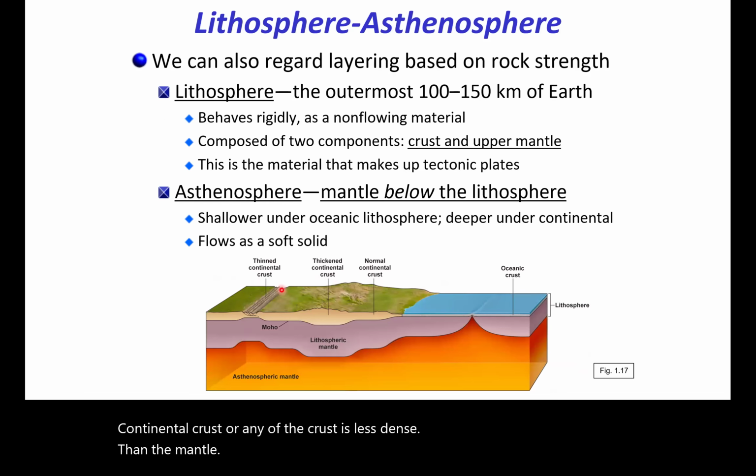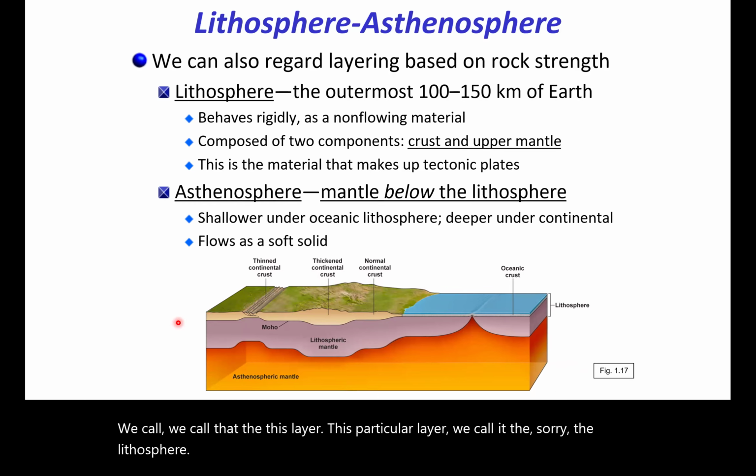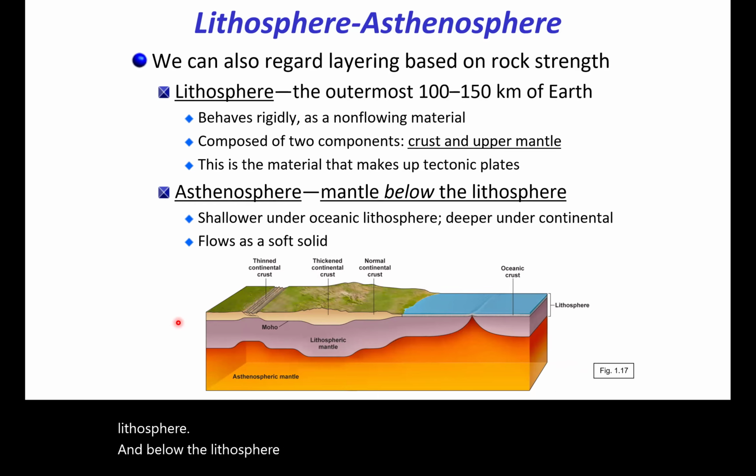There's another way of looking at the very upper layer of Earth. We call this particular layer the lithosphere, and below the lithosphere is the asthenosphere. Now let me explain a little bit.